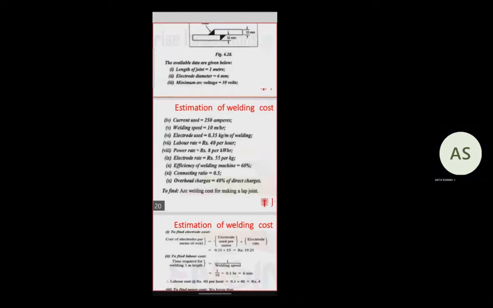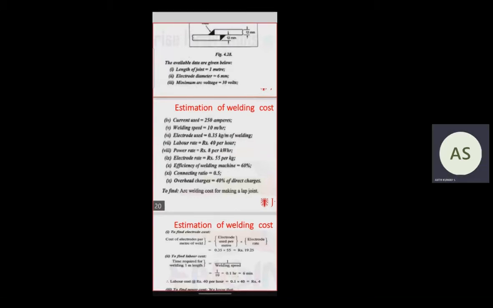R is the connecting ratio and C is the power rate. They have given the voltage, ampere, electrode diameter, efficiency, power rate, and connecting ratio.